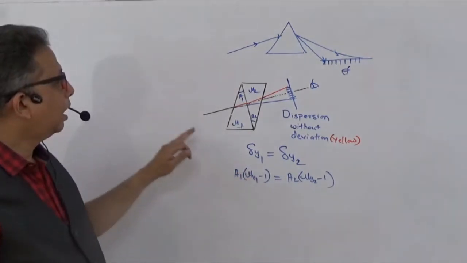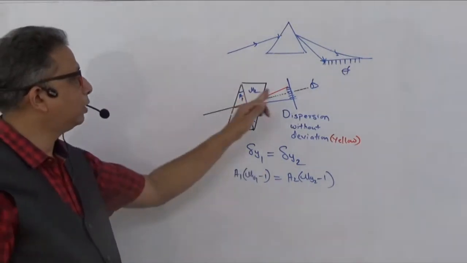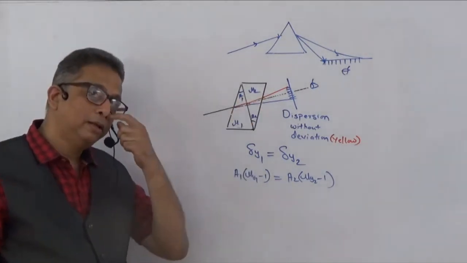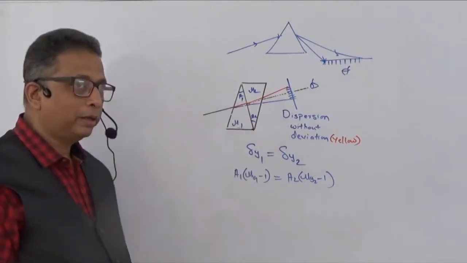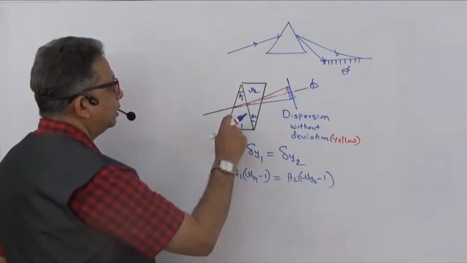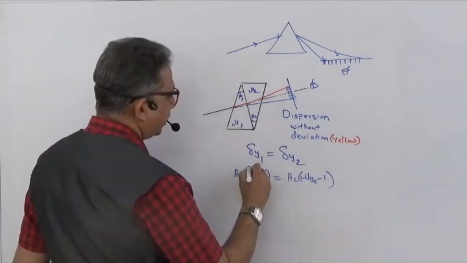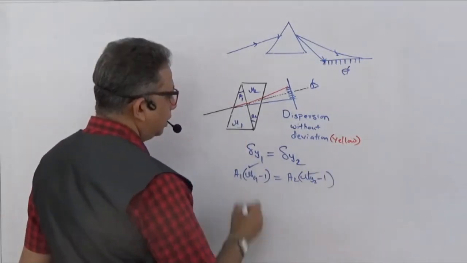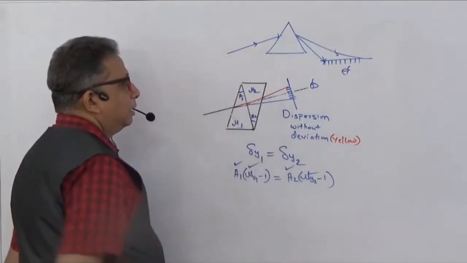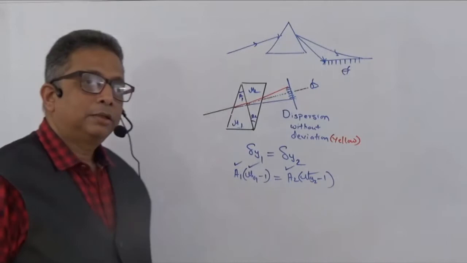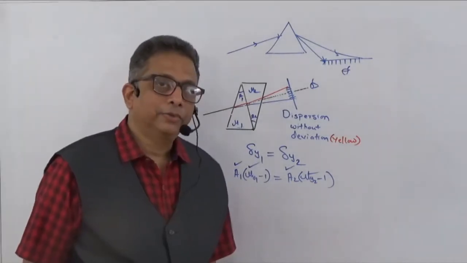That is how we are going to achieve this kind of arrangement. If I want a straight line spectrometer, I should use two prisms having refractive indices mu1 and mu2, with angles A1 and A2. Only then can a straight line spectrometer arrangement be achieved.